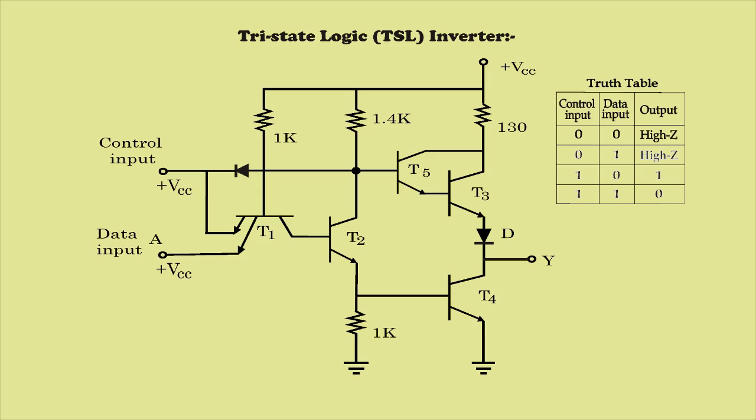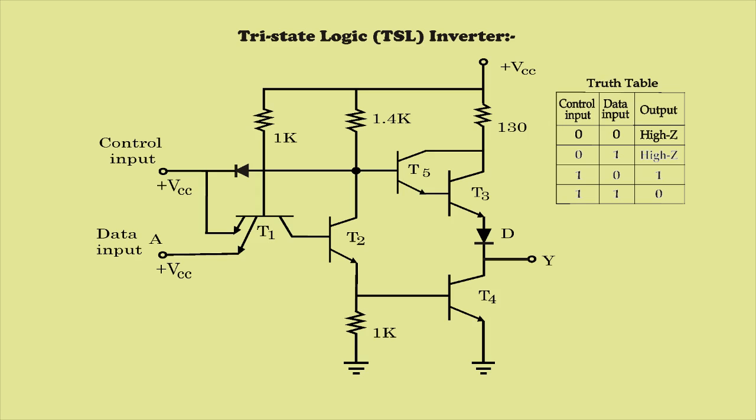The base of transistor T1 is also connected to plus VCC through the 1 kilo ohm resistor, and the emitters are also connected to plus VCC. Due to this, the emitter diodes of transistor T1 are said to be in reverse bias, as both the emitters, P type and N type, are getting the same magnitude voltage, so no current is flowing through the emitters.